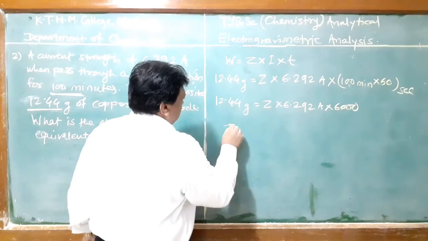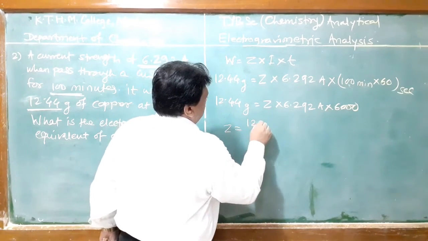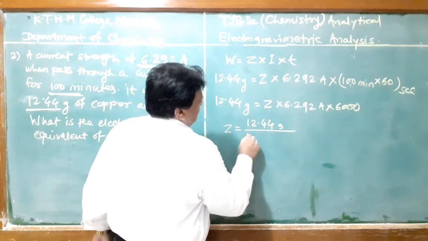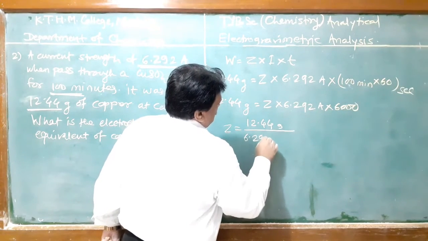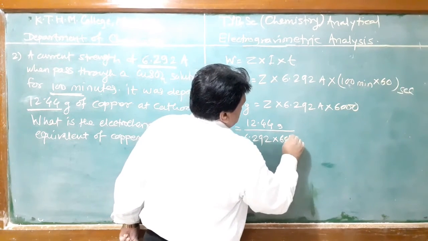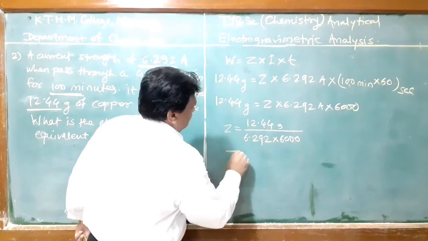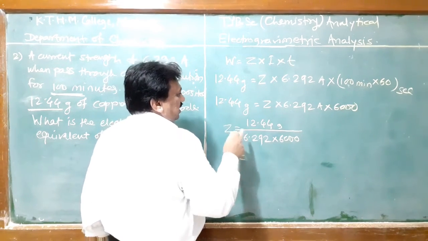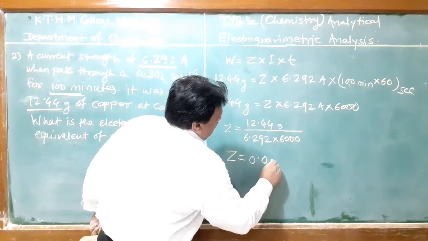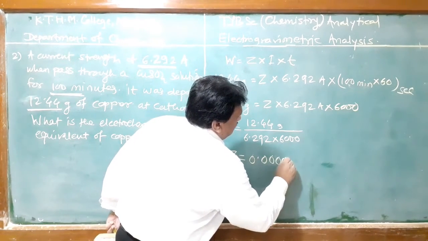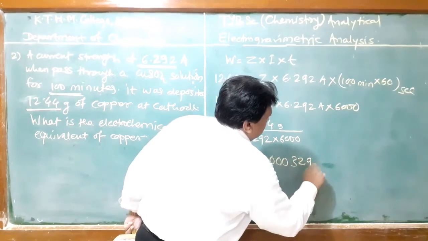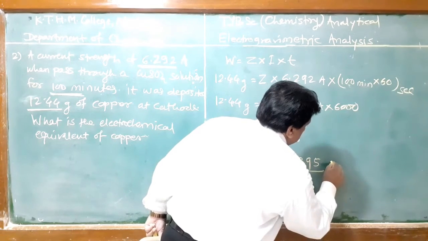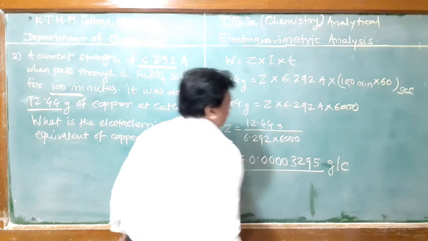Therefore, here Z is equal to 12.44 gram divided by 6.292 into 6000, and finally the value of Z, that is the electrochemical equivalent of copper, is equal to 0.0003295 gram per coulomb.